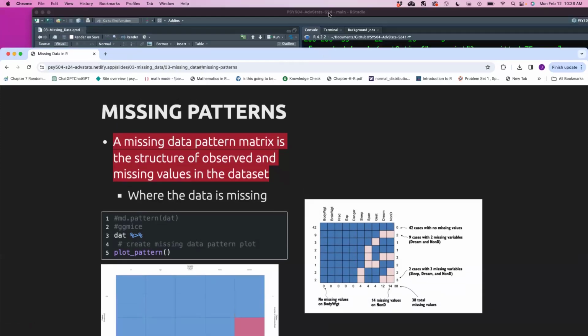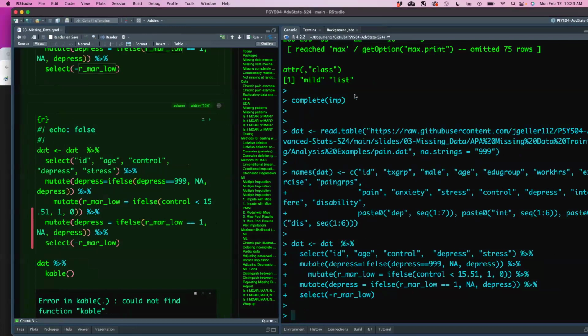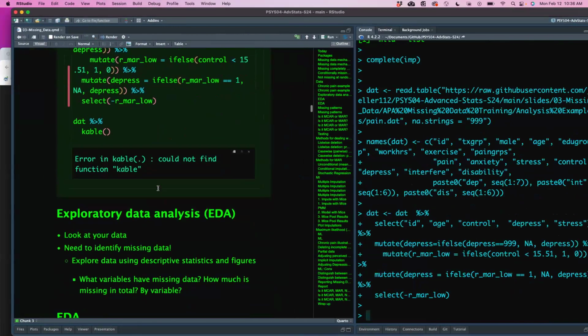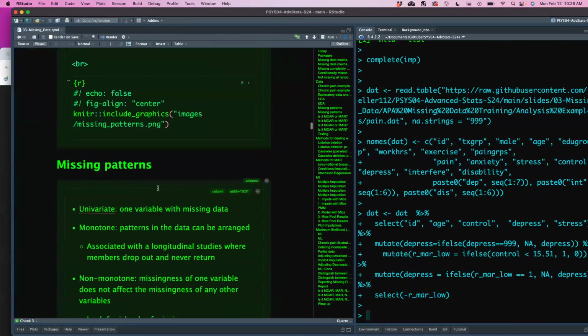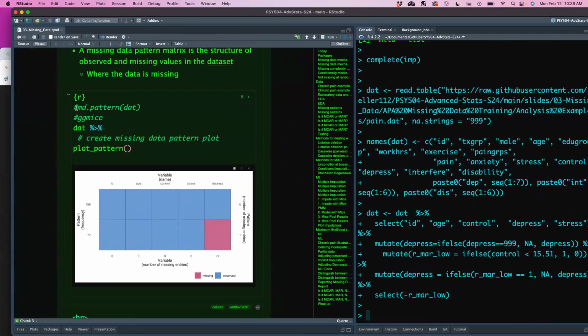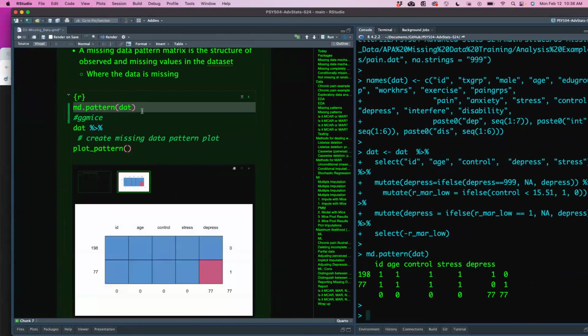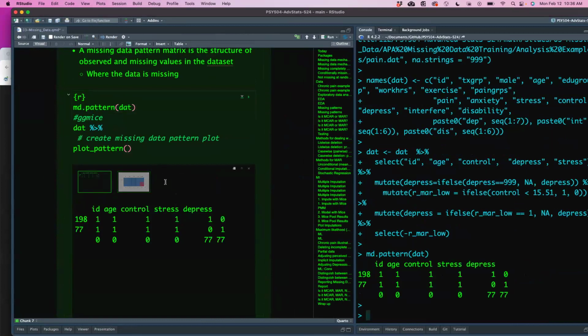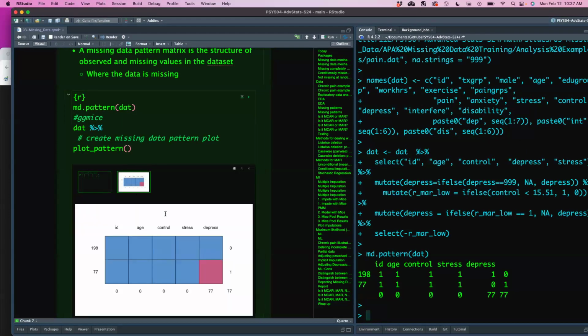And let's just go back to R. So this is where I want to introduce the mice package. There's a function called md.pattern that will basically provide two things. It will give us a data frame with the missing patterns, and then it will also give us a visualization.